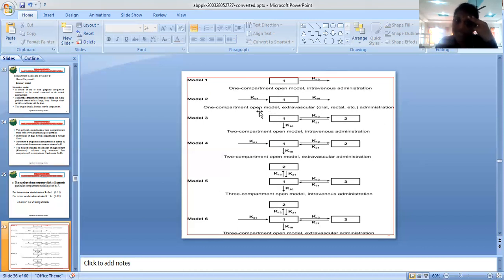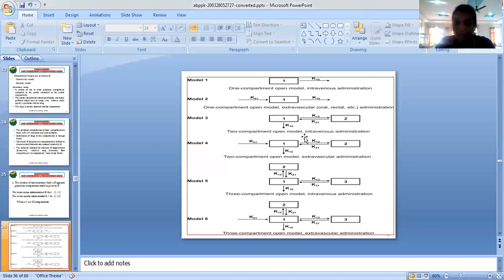If the same drug is administered by the extravascular route and follows the one compartment model, it can be explained by 2 rate constants: K01, that indicates movement of the drug from the external environment to the central compartment, that means administration is given from the external environment, and K10, which indicates movement of drug from the central compartment to elimination. Simply you can say movement is away from the body, that is what the 0 indicates.